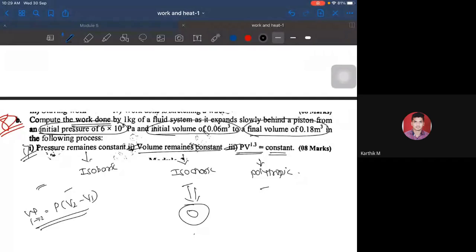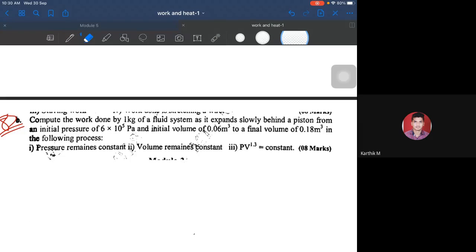For the polytropic process, the expression from 1 to 2 is (P1V1 minus P2V2) divided by (n minus 1). If you calculate this, you will get 8 marks straight away. So just copy this problem and try it. If you have any doubt, let me know.